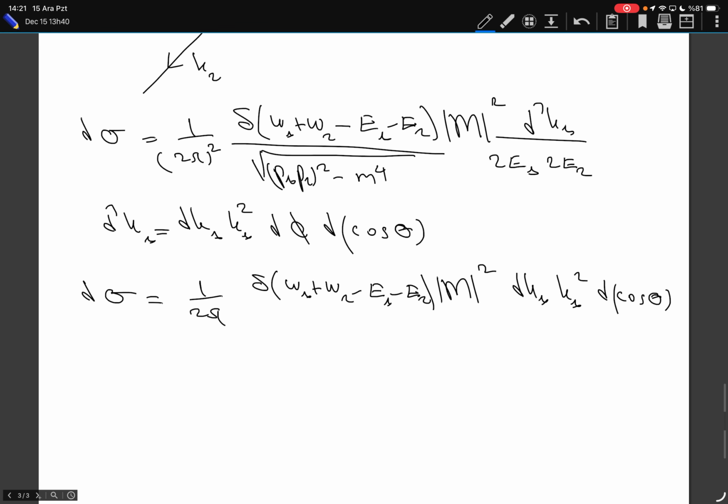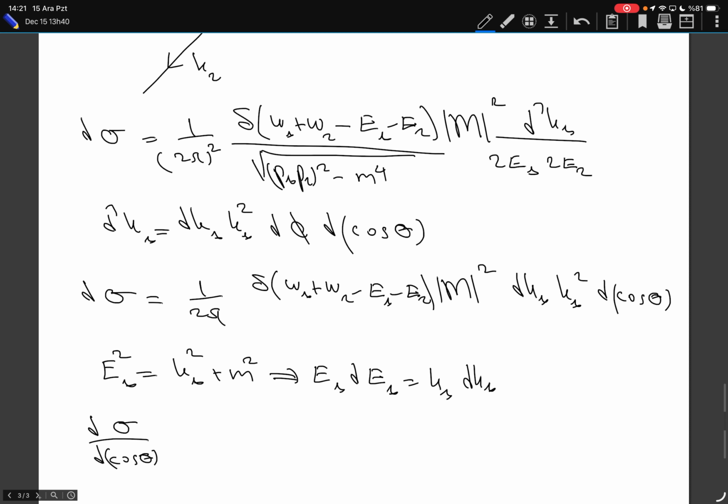I know that the energy E1 is just √(k1² + m²), which tells me that E1 dE1 is actually equal to k1 dk1. So dσ/d cosθ is 1 over 2π |M|² k1 times E1 times dE1.